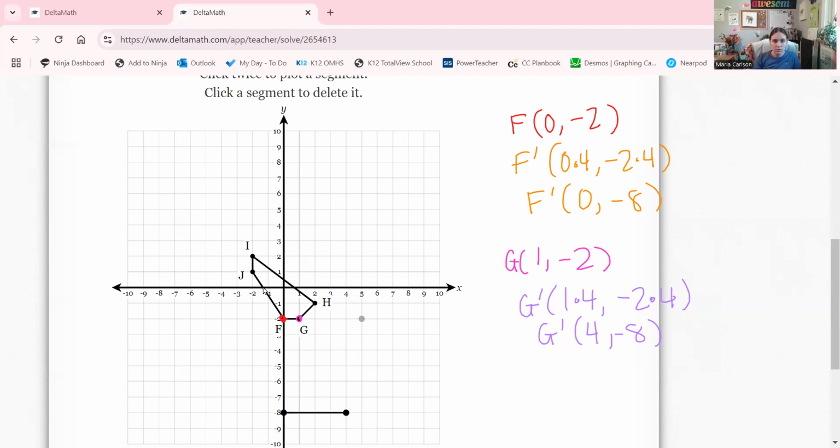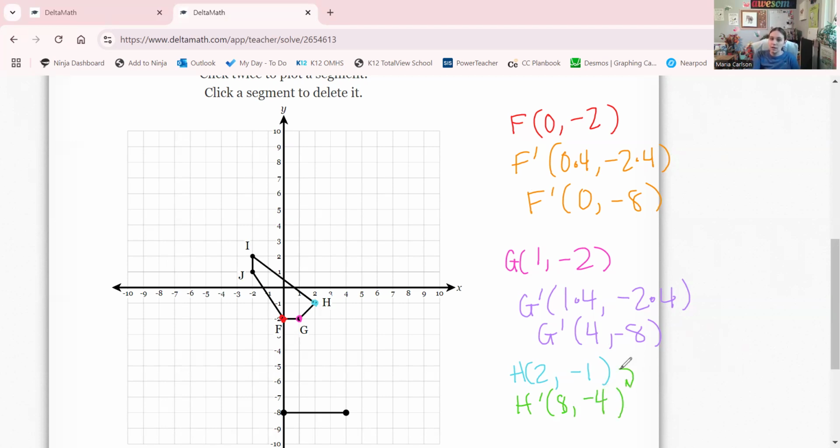All right, let's do H now. H is the point 2, -1. We're going to multiply both the x and the y by 4. So for H prime, 2 times 4 is 8, and -1 times 4 is -4.